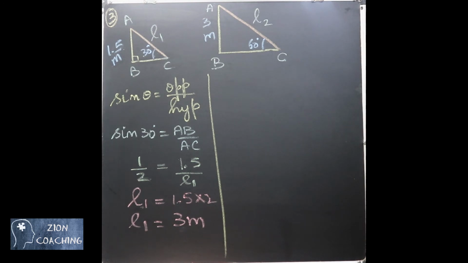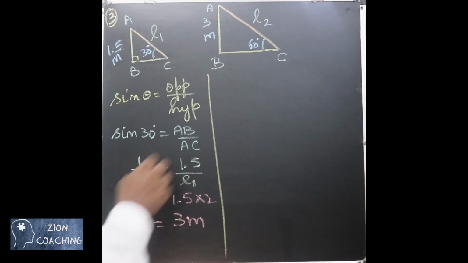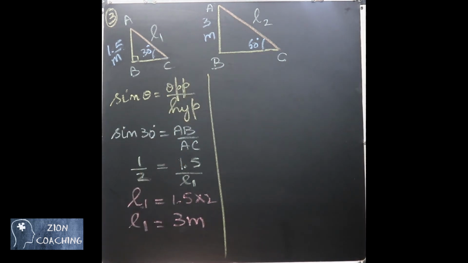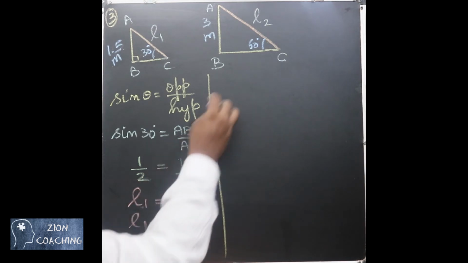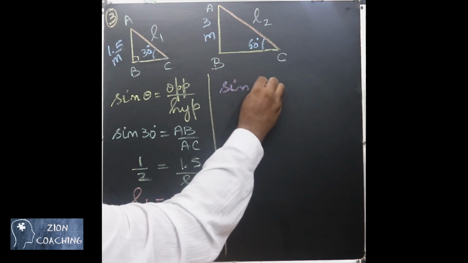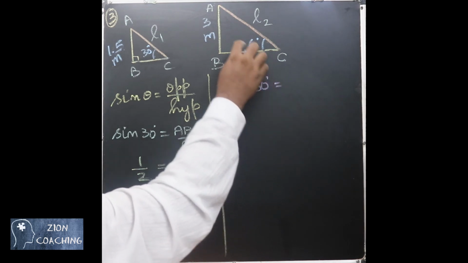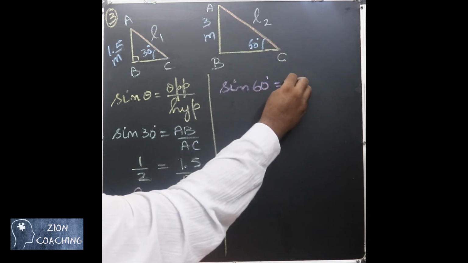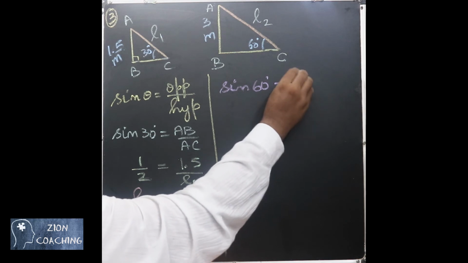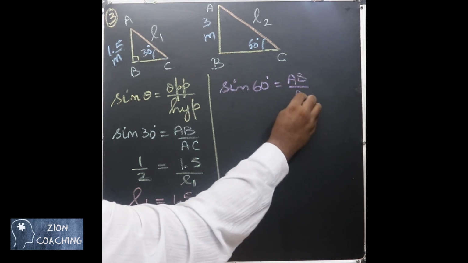Now we are going to find length of the second slide. Again we are going to relate the opposite side and the hypotenuse. So we are going to use the same relationship. Sine theta is equal to opposite side by hypotenuse. Now here we have sine 60 degree. Sine 60 degree is equal to opposite side, that is AB, by hypotenuse, that is AC.